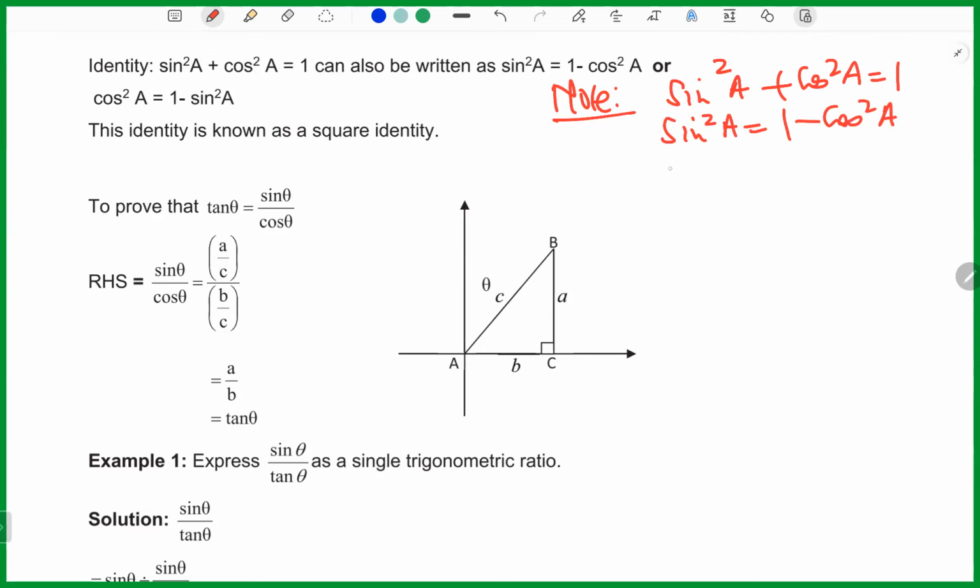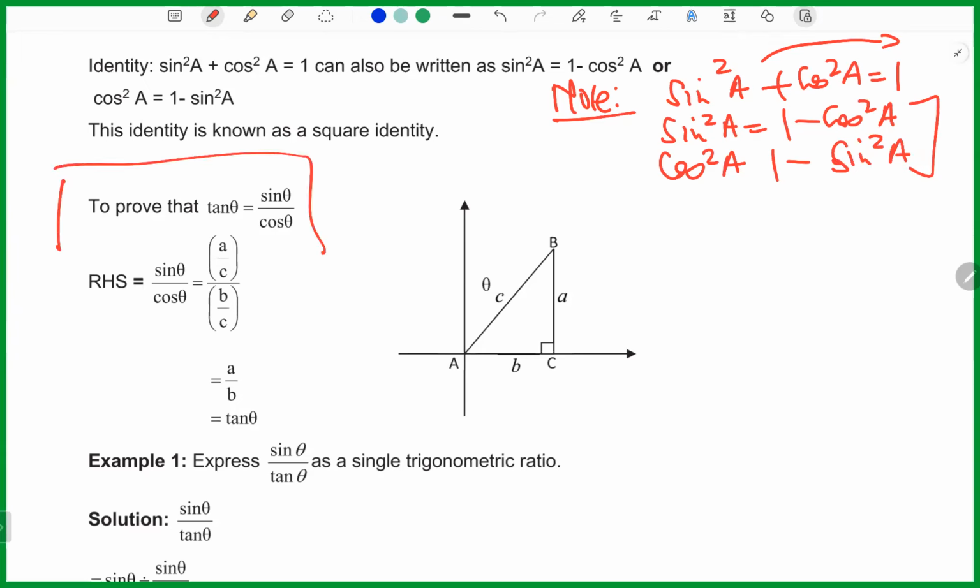Alternatively, cosine squared, if you transpose the sign, becomes 1 minus sine squared. These two equations are equivalent. We want to prove that this is true, and that is obviously an identity that involves squares.